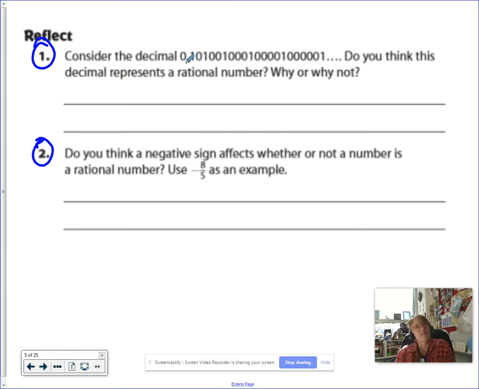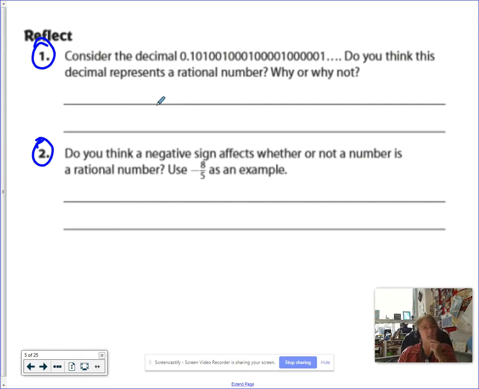Take a look at this number, 0.1010010001000. Oh my goodness. Cool pattern, but it doesn't really repeat. The dots mean it doesn't end.